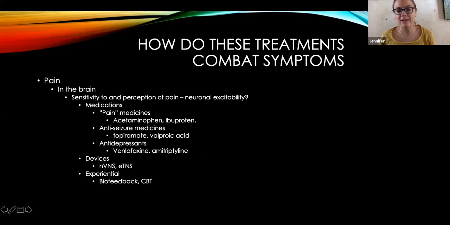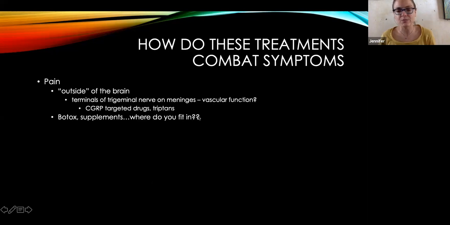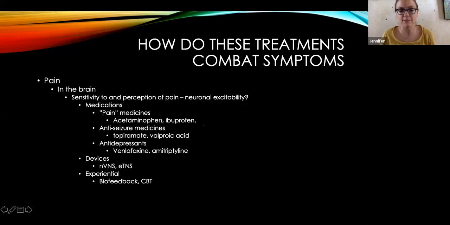Antidepressants like venlafaxine and amitriptyline also have evidence and have been used for migraine prevention, targeting their area. But then we also have devices like the non-invasive vagal nerve stimulator, the TNS or Cefaly. All of these, we think, are modulating the central sensitivity to pain.